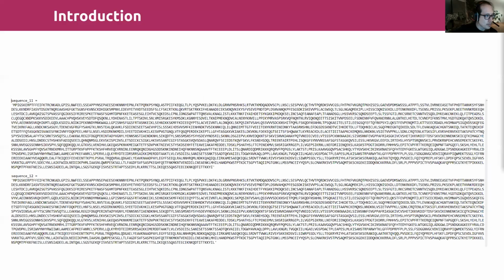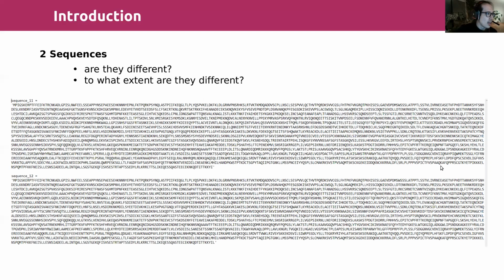These are some examples. Here we're looking at two sequences. And here's a question. Are they different? It's pretty hard to tell. To what extent are they different? These are two different things we're asking. We could, for example, just copy and paste this into a Word document and do a control F to check if the sequences are identical.